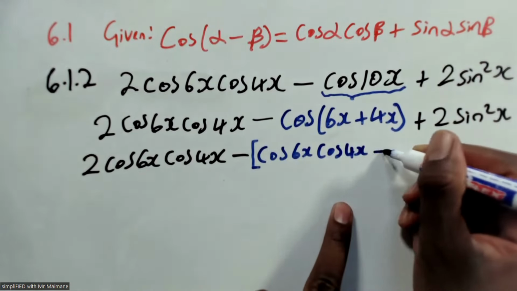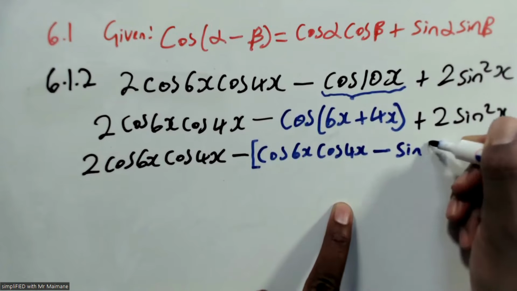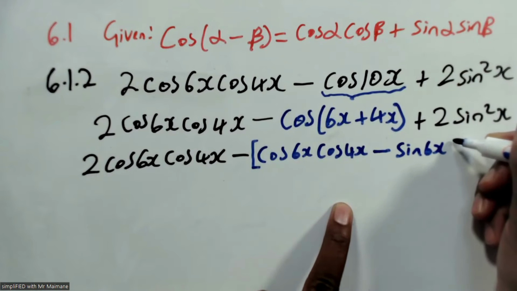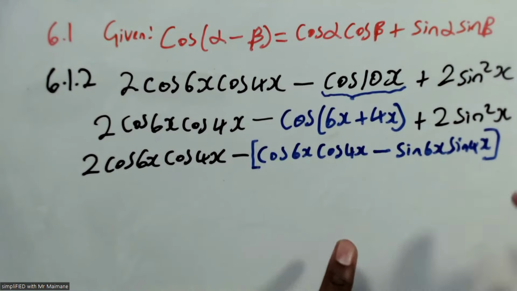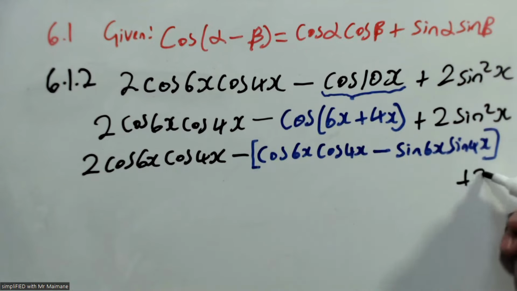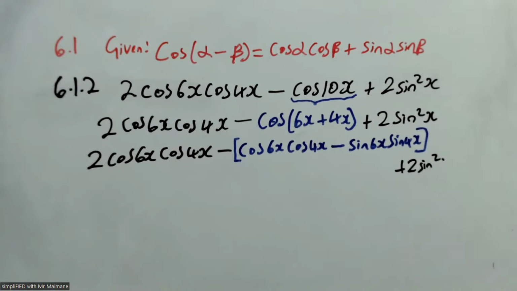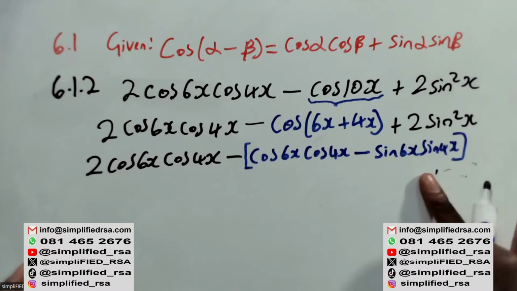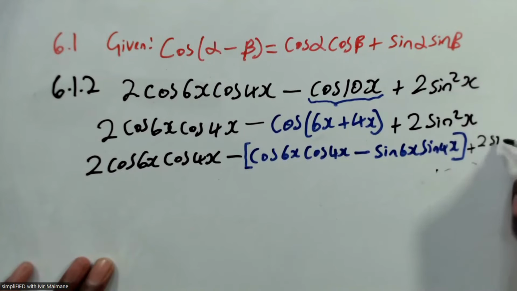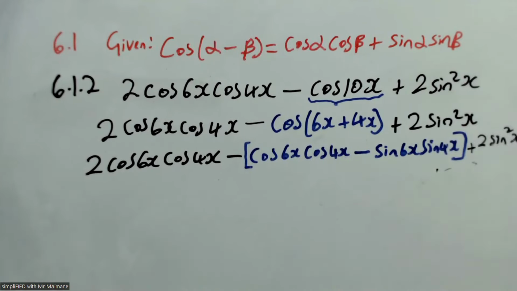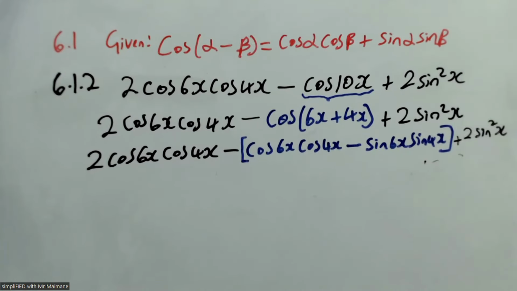If it's a plus here, then it's going to be minus sine 6x sine 4x, plus that part here. I shouldn't forget this part, plus 2 sine squared x. Let me just put it like that. So we're having that now.